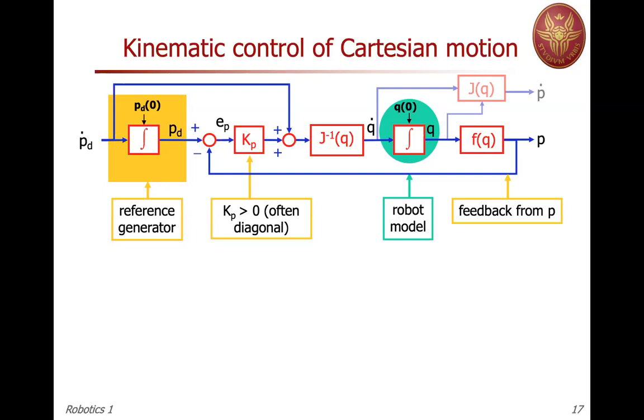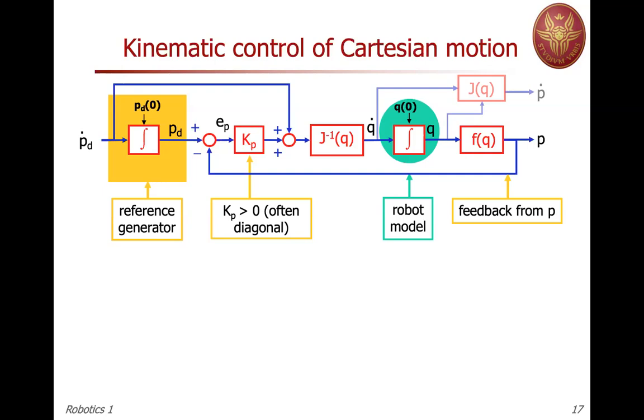Now, being this equivalent to some reference velocities in the Cartesian space, in order to get to the command in the joint space, so the velocity Q dot, you have to invert the Jacobian. Now, invert, we are assuming is square, non-singular, and so on. If it's non-square, we can use the pseudo-inverse instead of J to the minus 1.